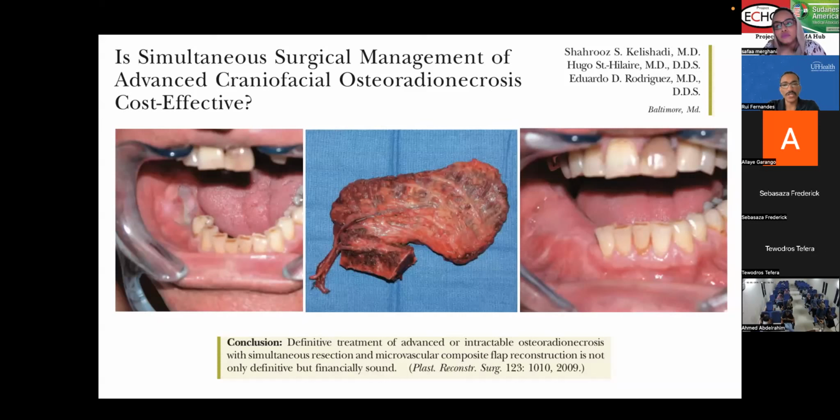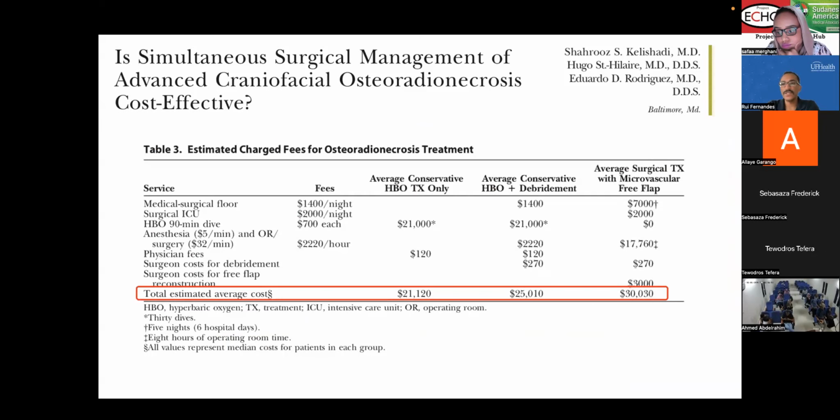In terms of cost, this is the cost difference, but the patient does benefit from not having multiple interventions and also skipping the hyperbaric. So if you combine the hyperbaric plus all of these other things, compared to the free tissue transfer.